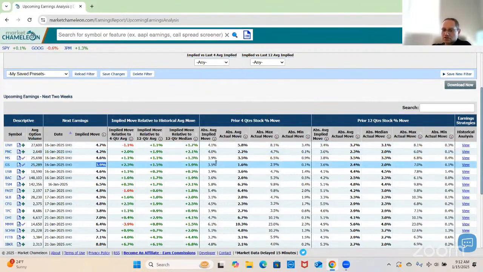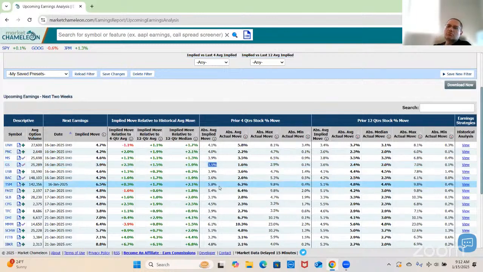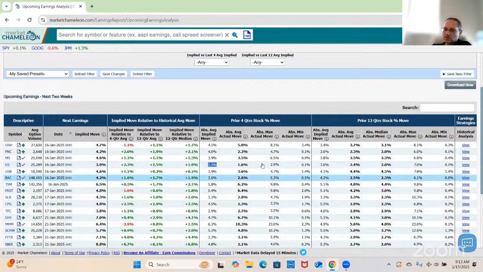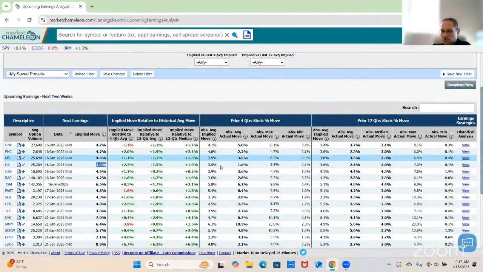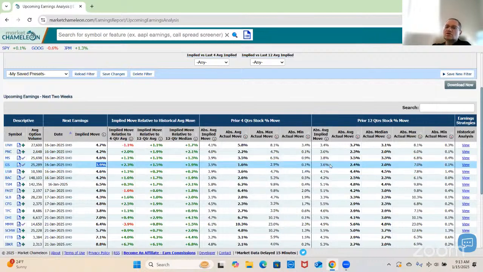The historical average move was up 3.5% in the last 4 quarters. The historical move in the last 12 quarters was plus or minus 2.4%. So we can see that the straddle is priced slightly above those averages.